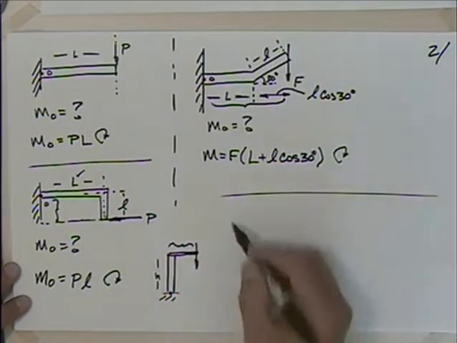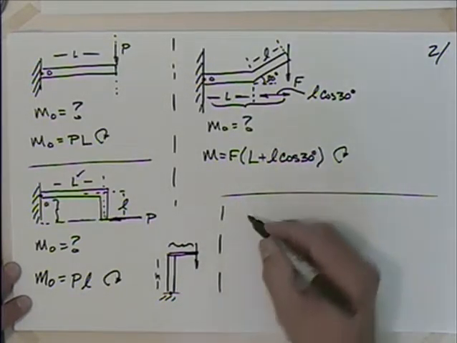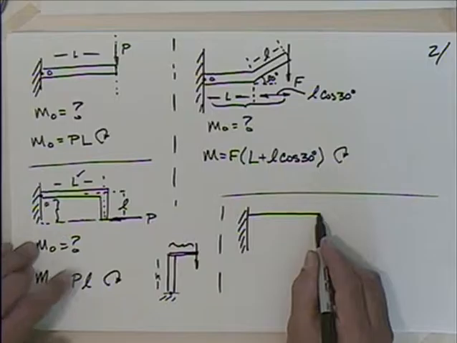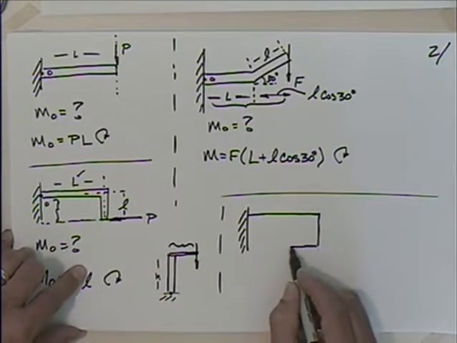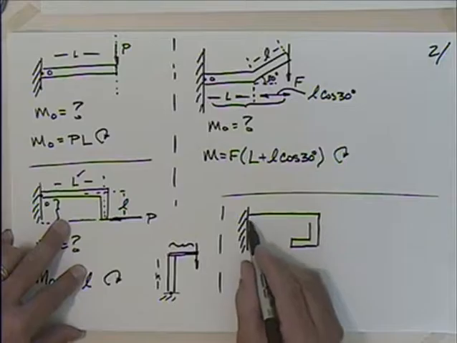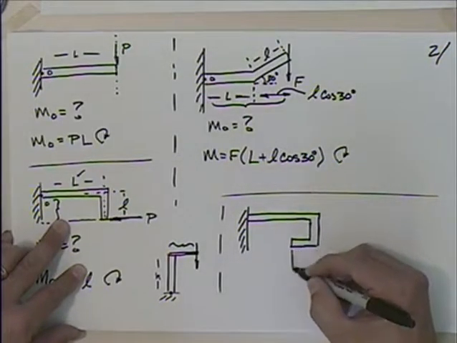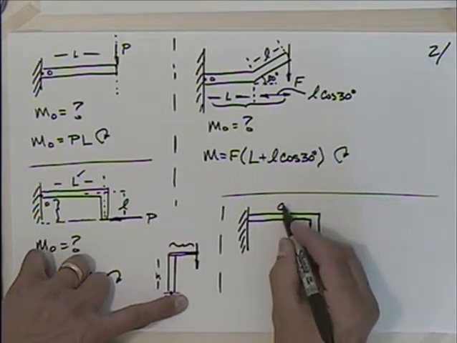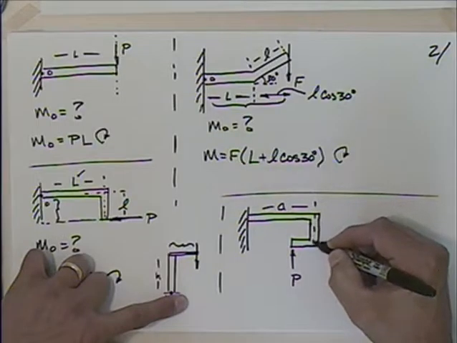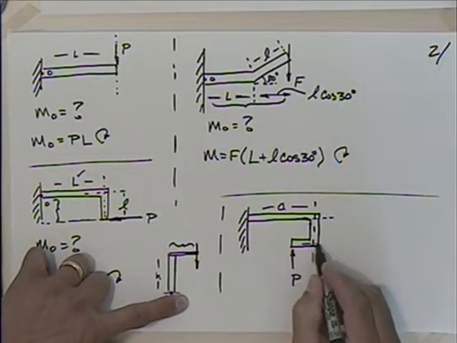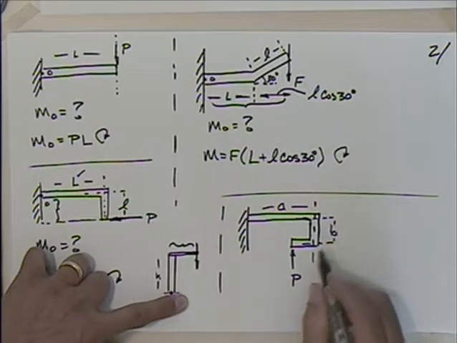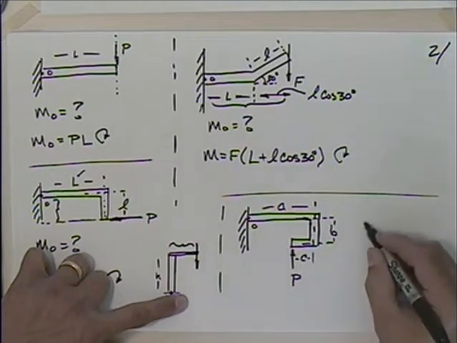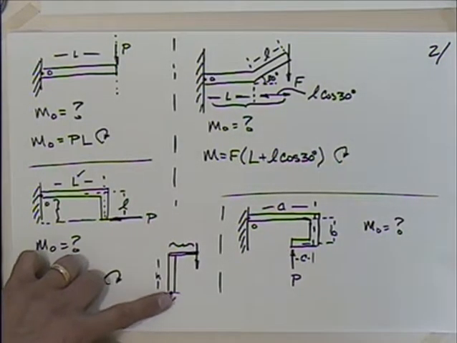Well, let's try one more here. We'll apply a force P here, and maybe I'll say this distance is A, this distance is B, and this distance is C. And again, I will put that as O. So I'd like to find the moment about O. So what's that going to be equal to?